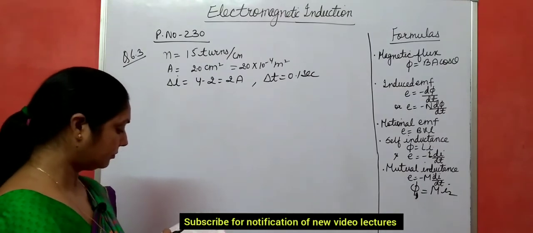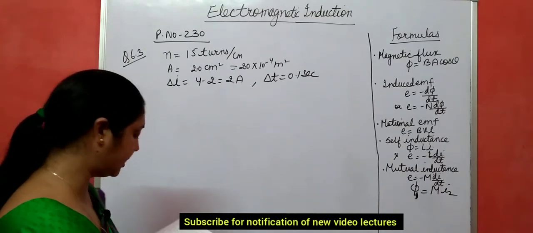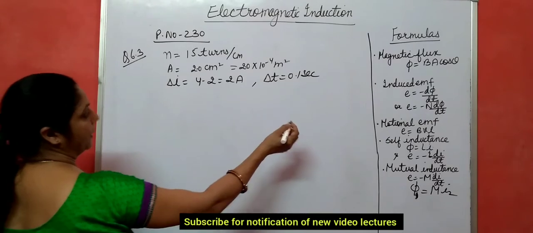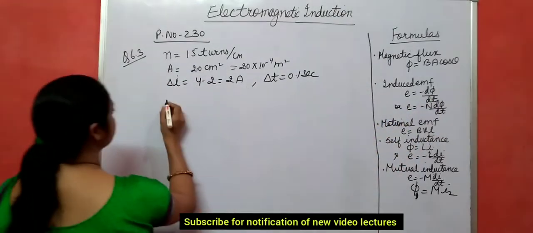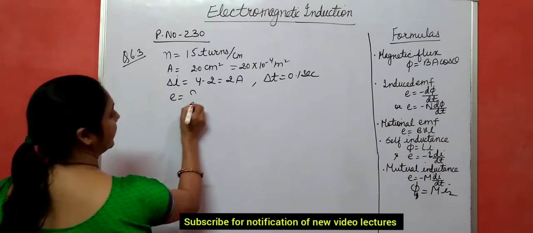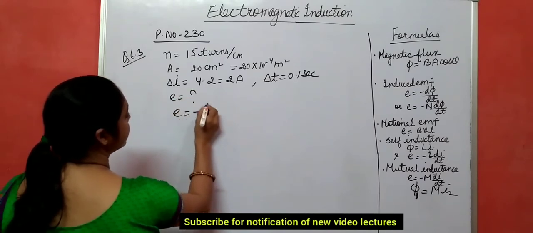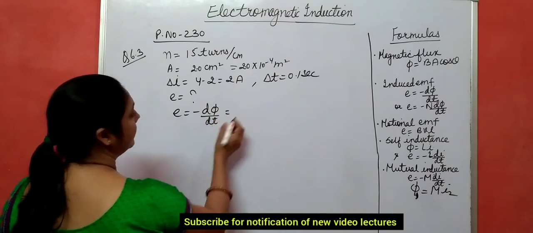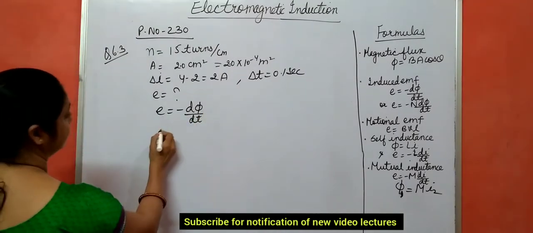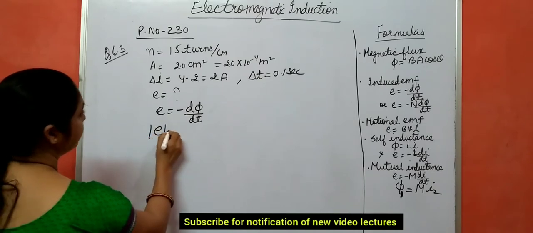Now you have to find the induced voltage in the loop. So from Faraday's law, what is the formula for induced voltage? E equal to minus d phi by dt, or delta phi by dt. Just take the magnitude of this. You have to find just the magnitude.